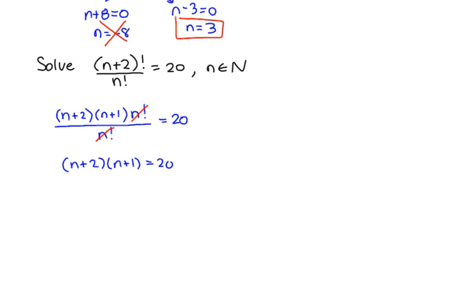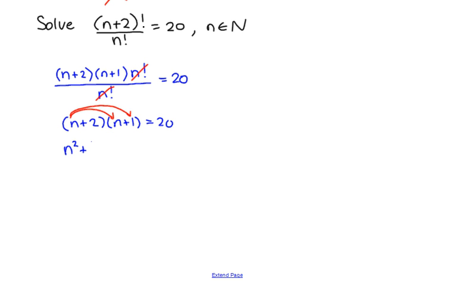Okay, so I'm going to use just the FOIL method this time. N times n, n squared, plus, then the n times the 1, 1n, plus, now do the 2 times each of them. 2 times n, 2n, and then 2 times 1, 2.